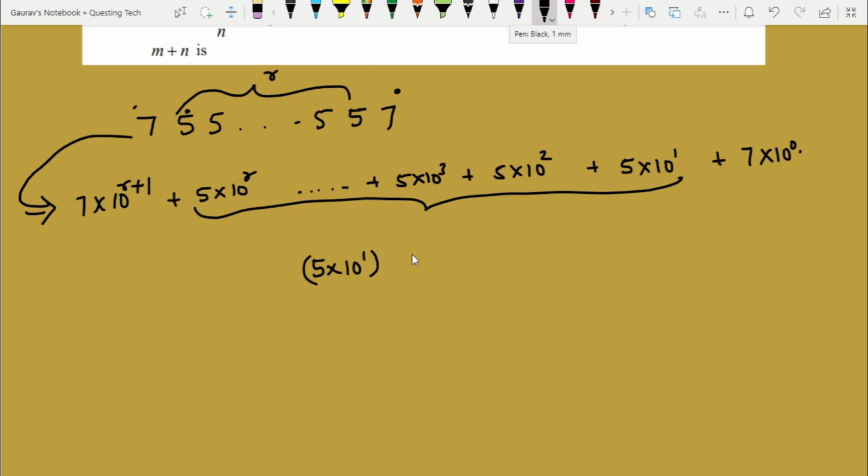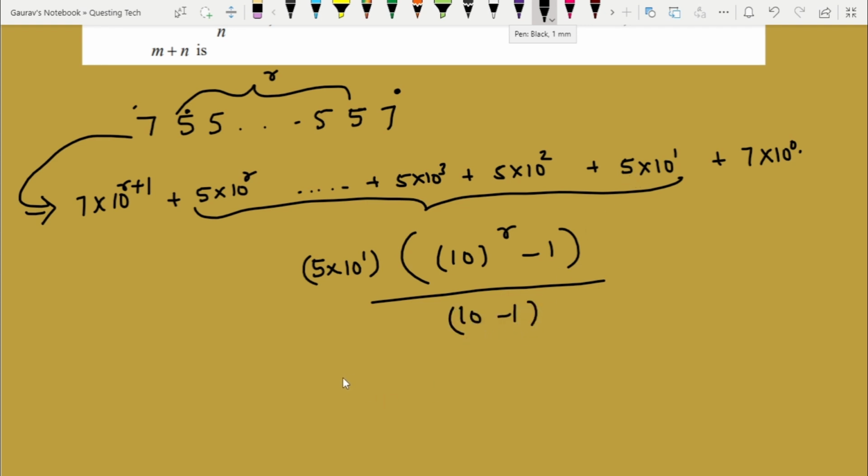This is the first number, multiplied by ratio 10, 10 raised to power r numbers there are, minus 1, divided by 10 minus 1.